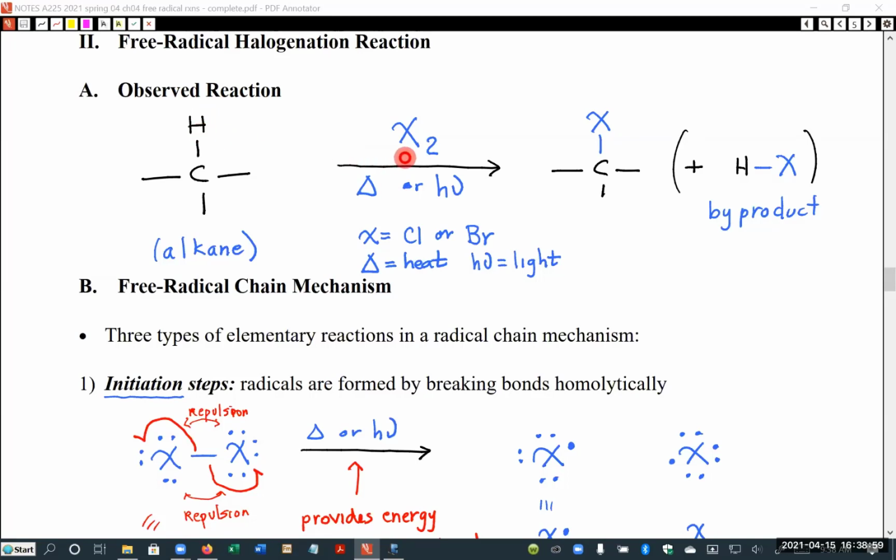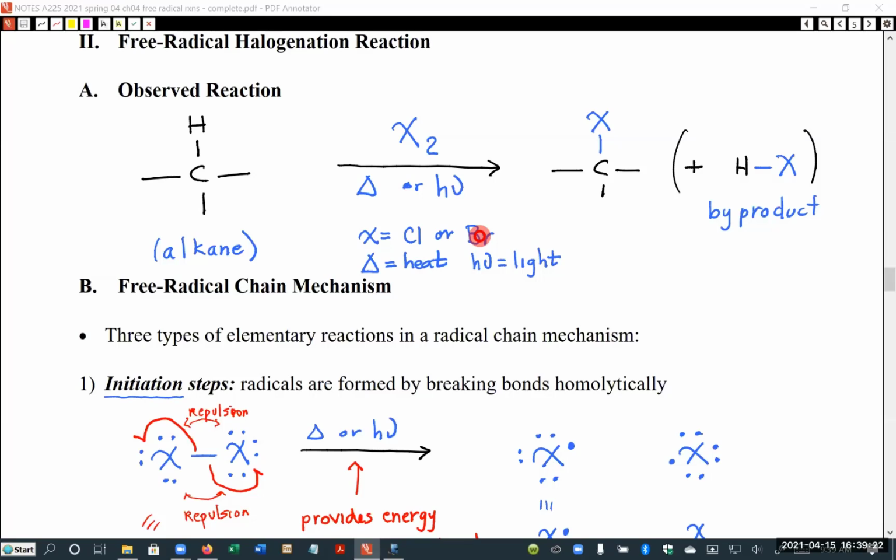We're going to react that with X2. Now remember that X is our symbol for halogens. In this case, because of the energetics of this reaction, because of the way the delta H works, it's really only safe or useful to use either Cl2 chlorine or Br2 bromine.